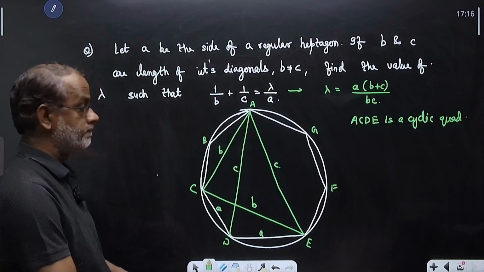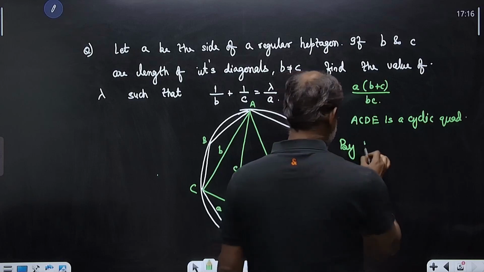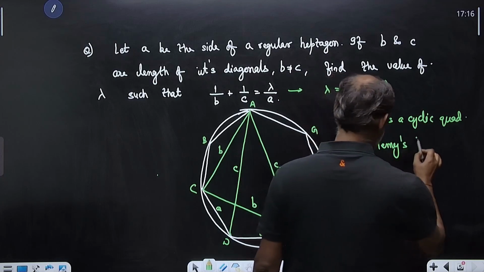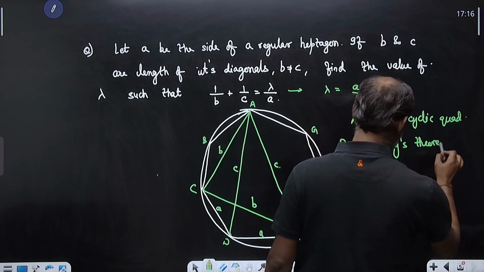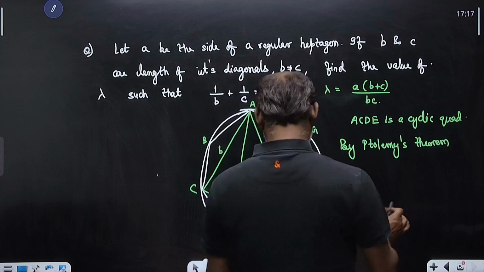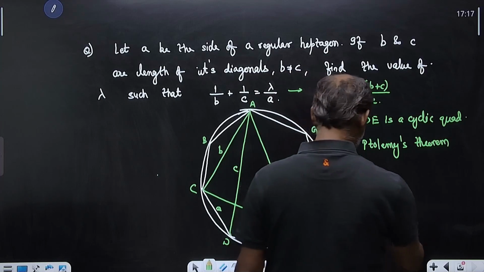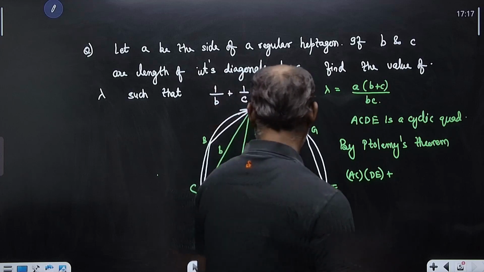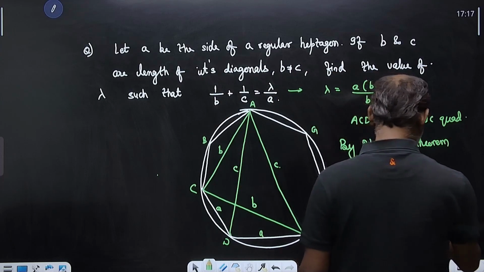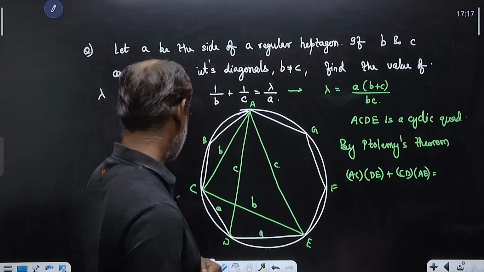What do we get here? By Ptolemy's theorem, AC into DE plus CD into AE is equal to AD into CE.